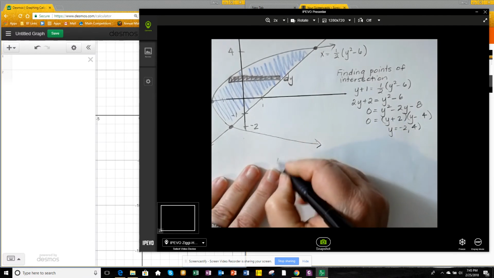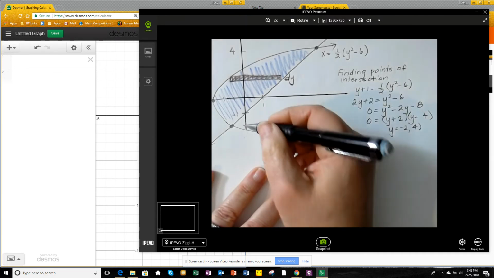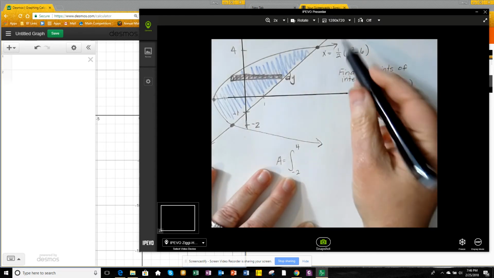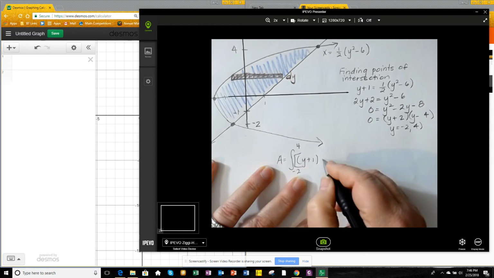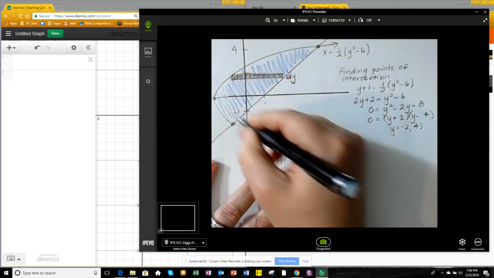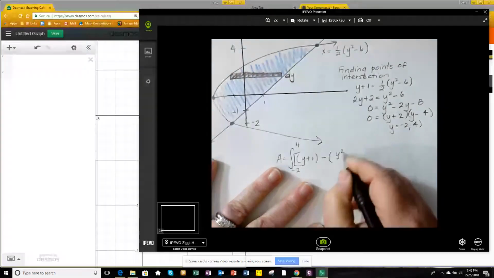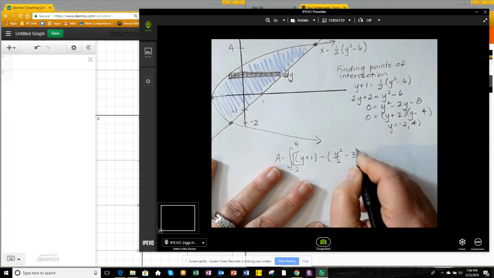So what's our integral going to be? Well, our area is going to be the integral from -2 to 4, because we're integrating with respect to y, of the right function, which is going to be y plus 1, minus the left function, which is the parabola, which will be y squared over 2 minus 3. I'm going to distribute that 1/2.